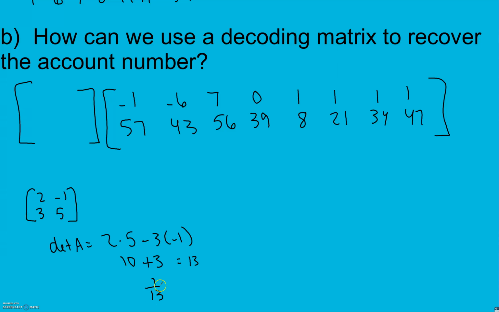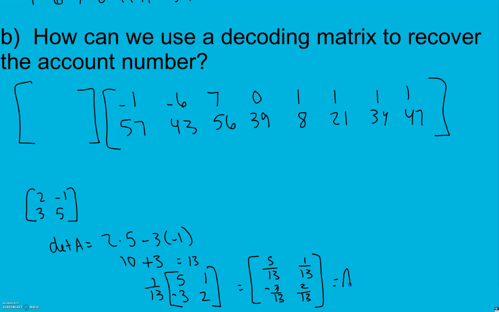Okay, so 1/13 times D, -B, -C, A, which gives us 5/13, 1/13, -3/13, and 2/13.